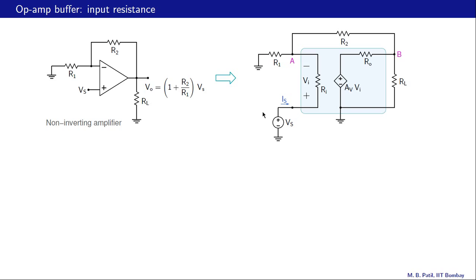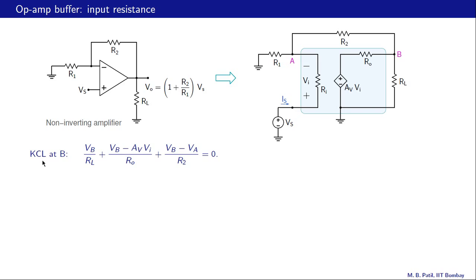What we will do is to treat Va, the node voltage at A with respect to ground, Vb, Vi, the voltage that appears across the input terminals of the op-amp, and Is. So we will treat these four quantities, Va, Vb, Vi and Is, as our unknowns. We will treat this Vs as a known number, and then we will obtain equations which will enable us to solve for Is in terms of Vs.